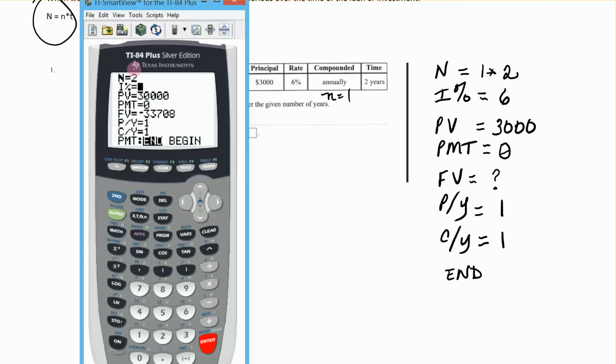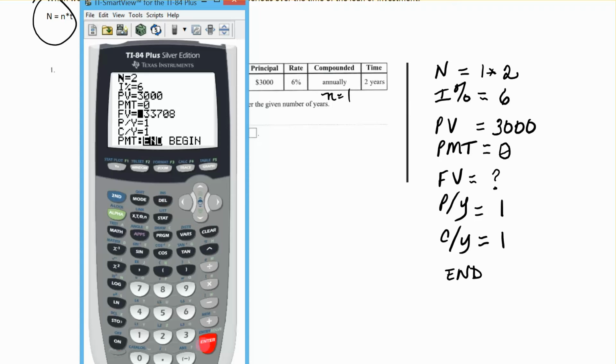The I% is 6, and I have a 6 in there, so you type a 6, and I'll press Enter. The present value is what we started with, and I believe that I have the wrong number. Did we have 30,000? No, it was 3,000. Okay, so 3,000. Payment is 0.